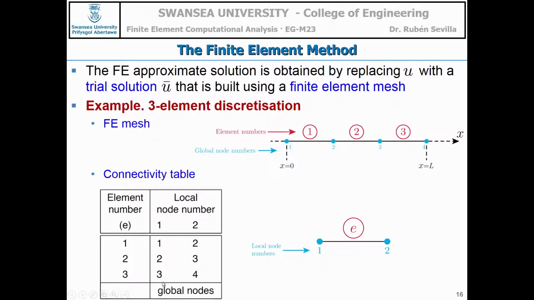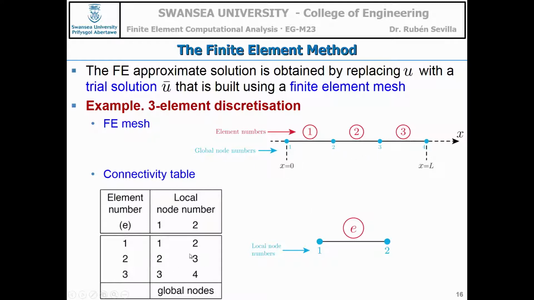So the way you store a mesh in a computer is with a matrix. You store what is called a connectivity table or a connectivity matrix that says in the first row the nodes that correspond to element number 1. So element number 1 has nodes 1 and 2. You can see it here. Element number 2 has nodes 2 and 3.